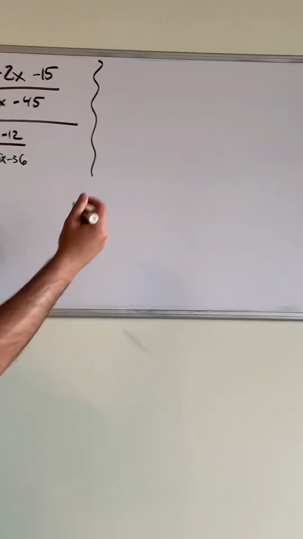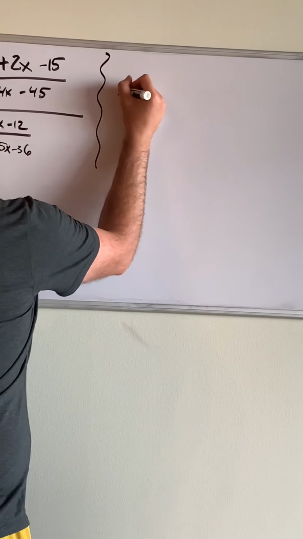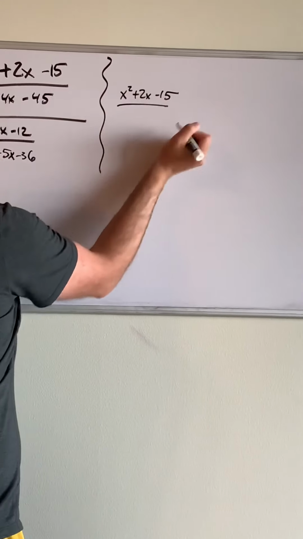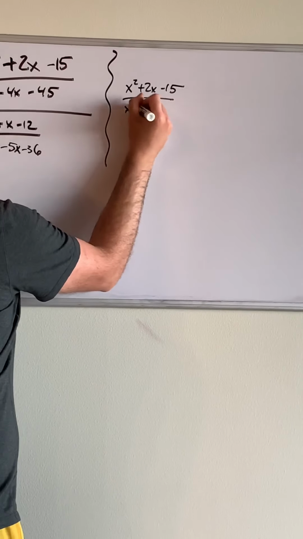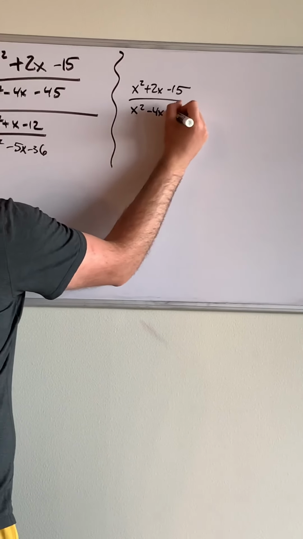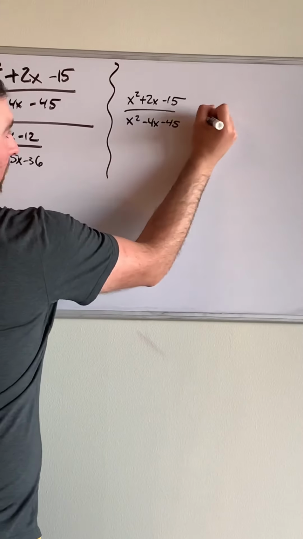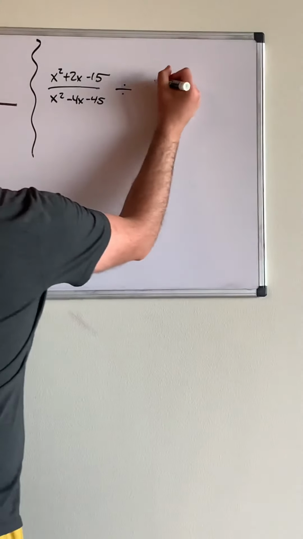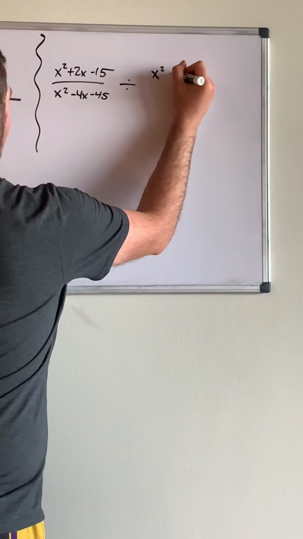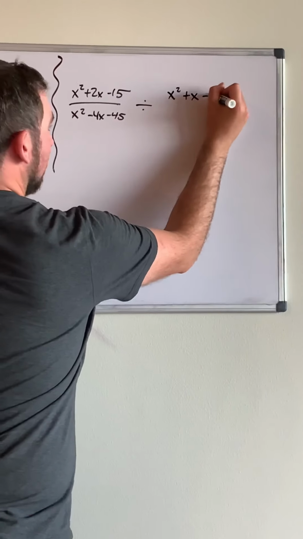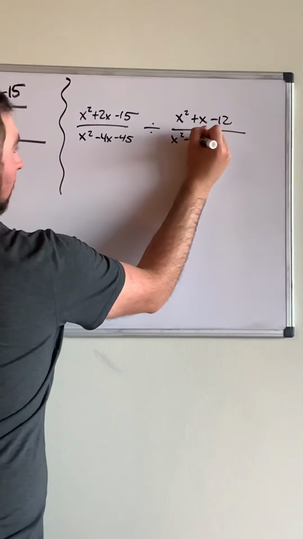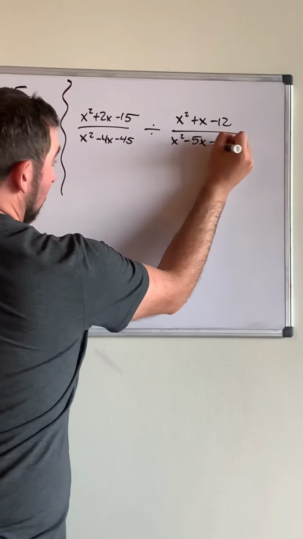Okay? So I'm going to rewrite as x squared plus 2x minus 15 all over x squared minus 4x minus 45 divided by x squared plus x minus 12 all over x squared minus 5x minus 36.